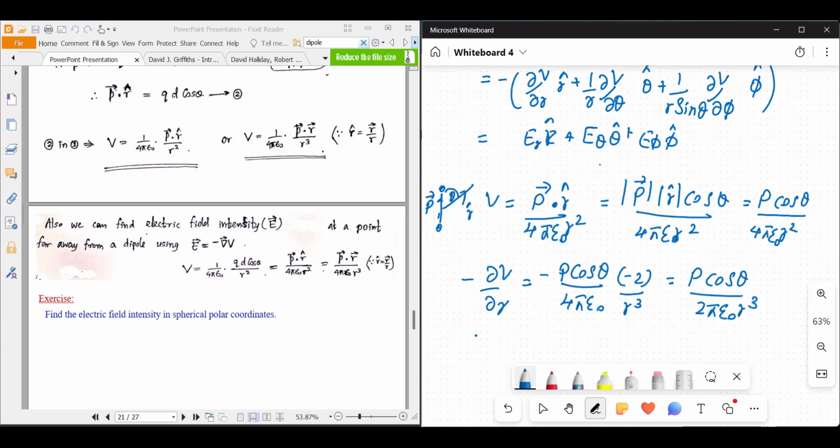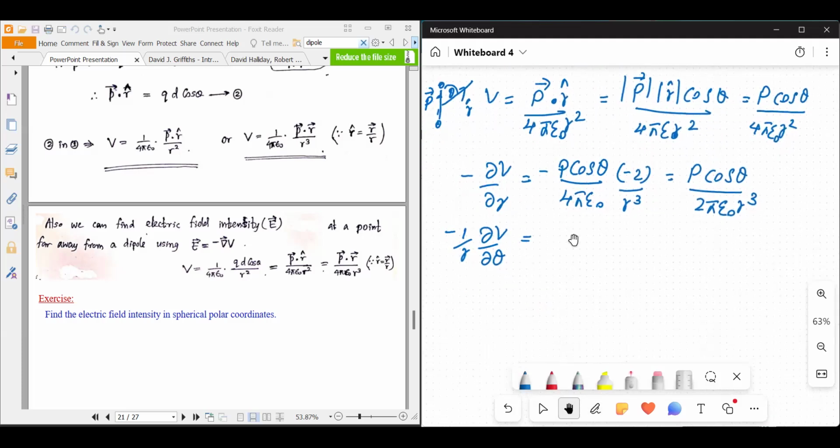Same way, 1 over r ∂V/∂θ, we can calculate by taking the differentiation of this term. So here it should be minus. Once you calculate those two terms, we can write the electric field due to this dipole.